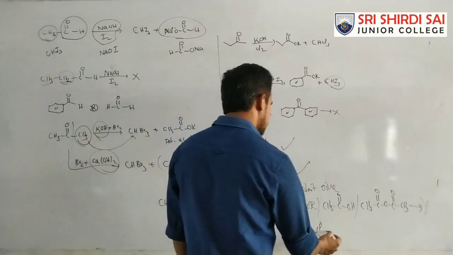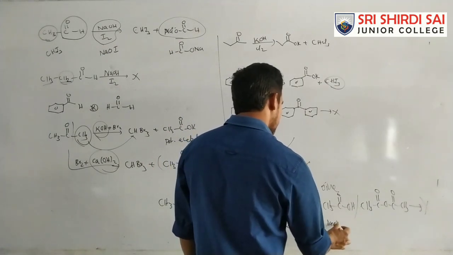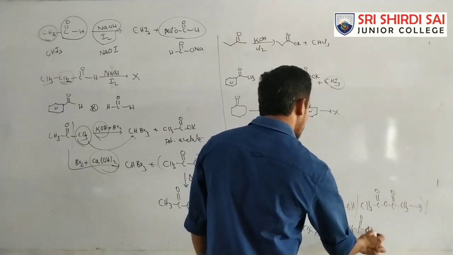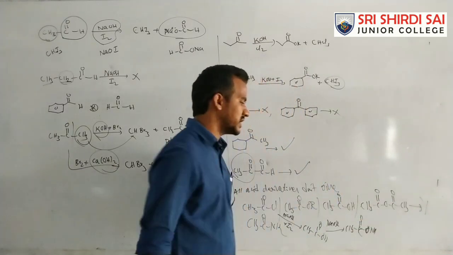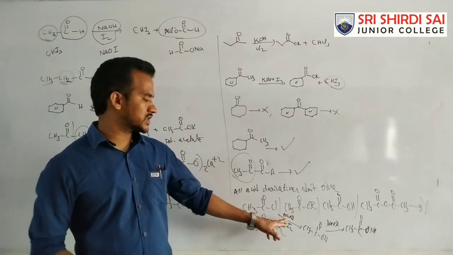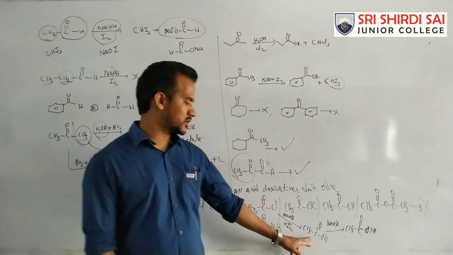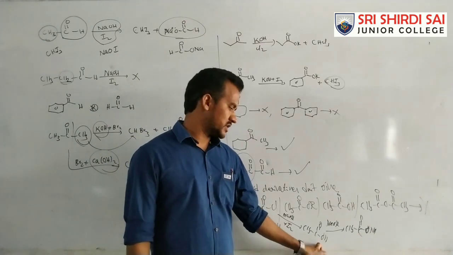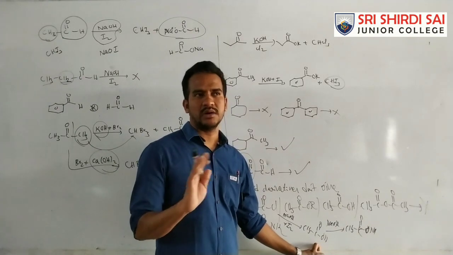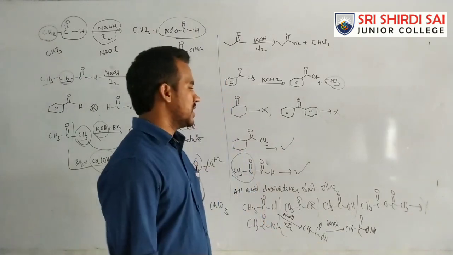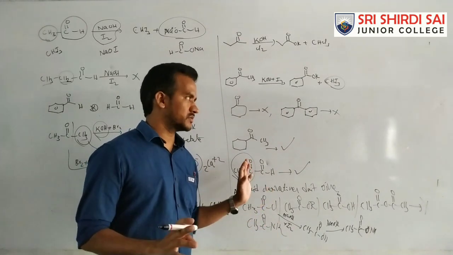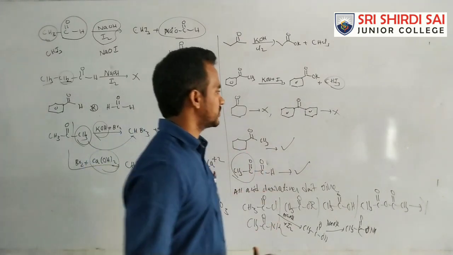Now this carboxylic acid on further reaction with NaOH gives CH3COO-Na. Again an acid-base reaction, and it stops there. Any acid derivative reacting with NaOH is converted to carboxylic acid. That carboxylic acid is involved only in an acid-base reaction, but not the haloform reaction. Any acid derivative does not give the haloform reaction. That is one point.